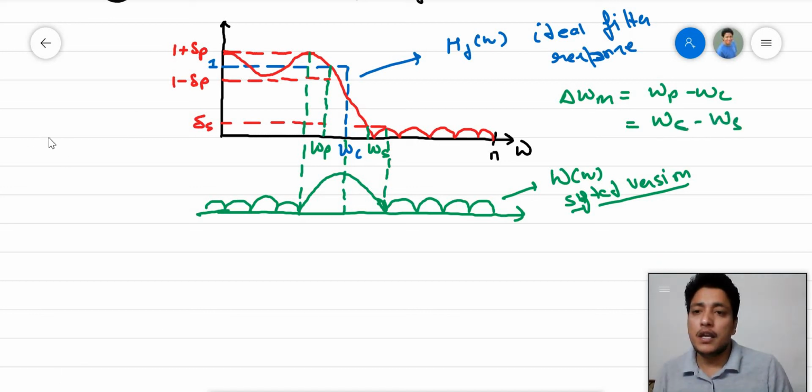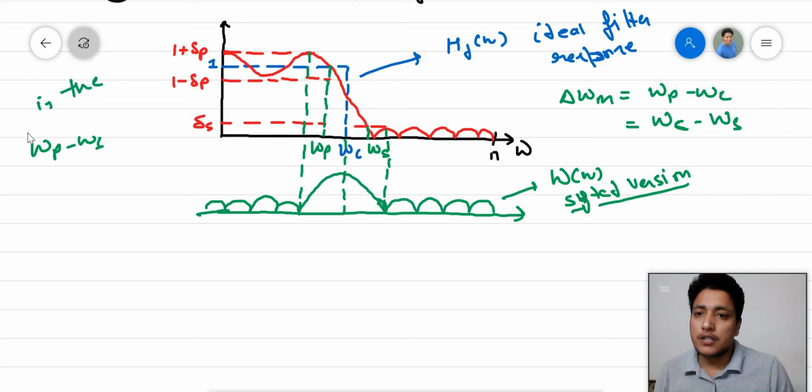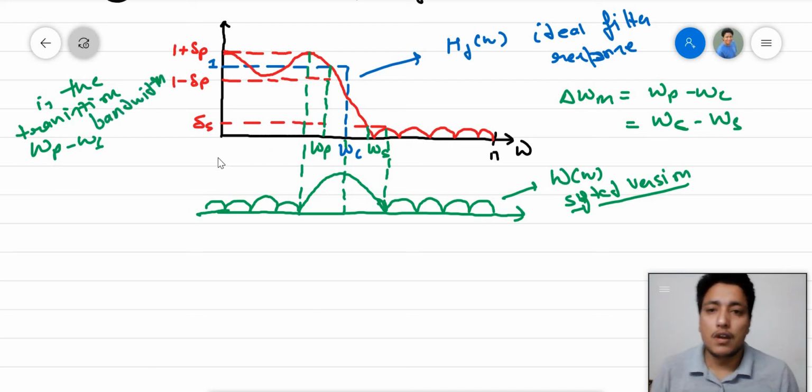One can see omega p minus omega s is the transition bandwidth. 0 to omega p is the pass band, the bandwidth of the pass band. Omega s to pi is the stop band, and the transition band lies from omega p to omega s. Now we will see these specifications in detail.